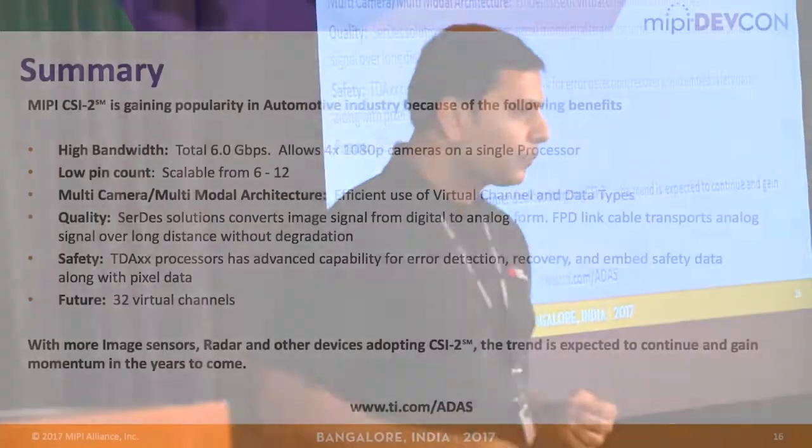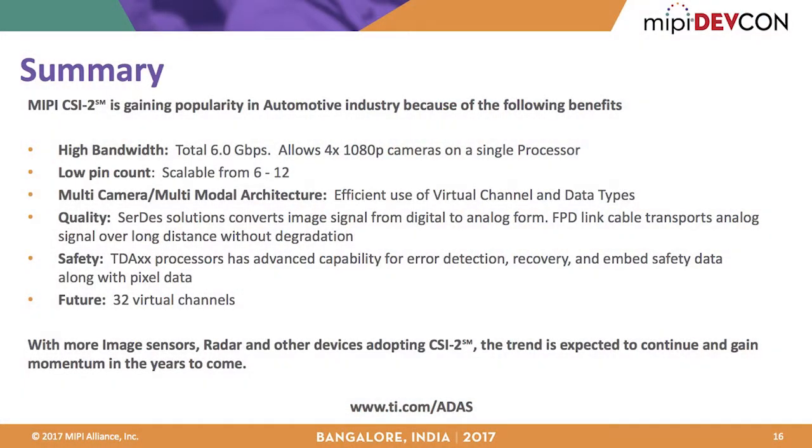So in summary, CSI2, the camera serial interface, was designed for cameras by MIPI, the mobile industry alliance, but it is getting a lot of traction in the automotive industry for cameras as well as non-cameras.